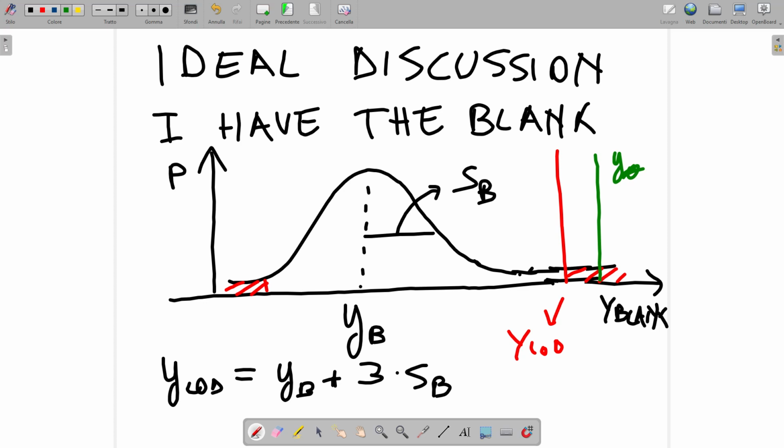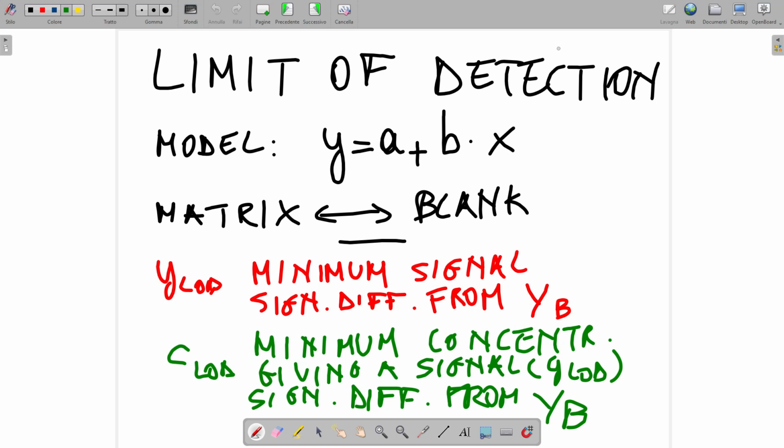Because outside the Y LOD, sorry, I have something that I can detect, right? Why does it have this meaning? Because the definition is here: the minimum signal that is significantly different from the signal of the blank.